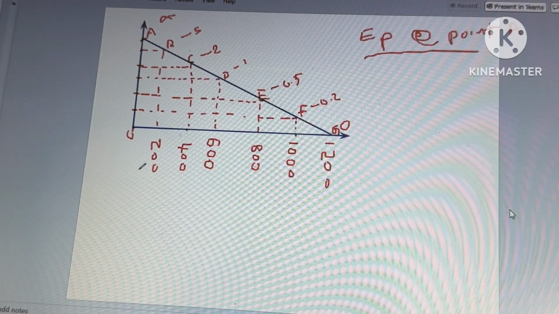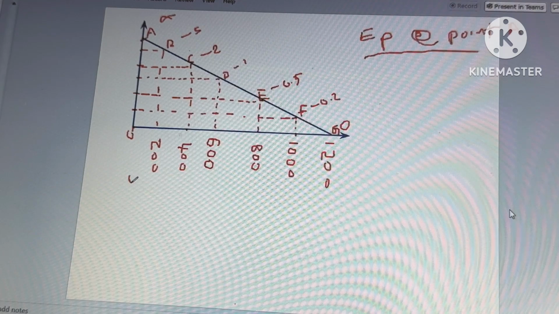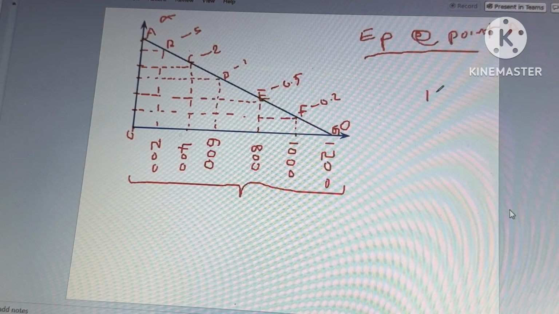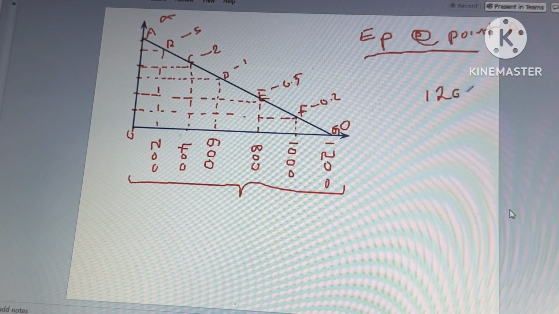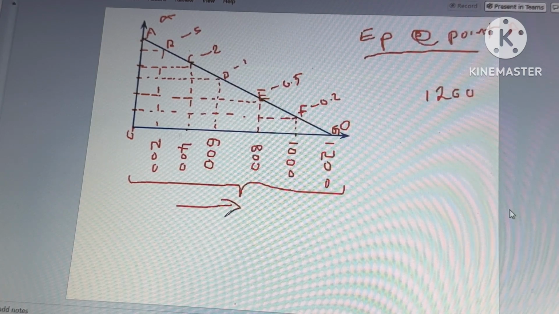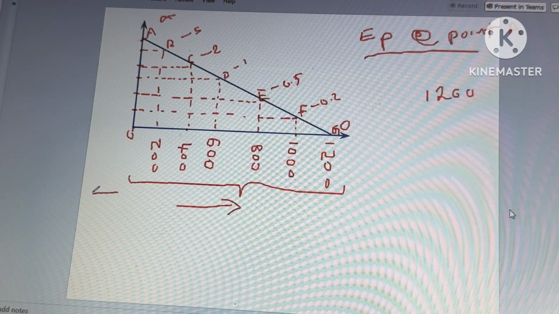0. What is the right hand side value of this axis? 1200. The right hand side segment of the quantity axis is 1200. What is the left hand side segment?